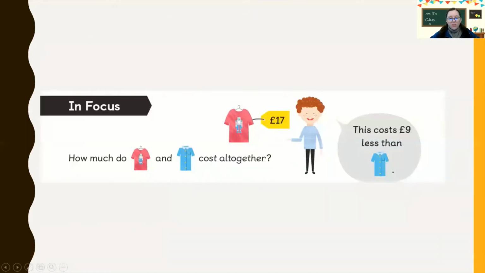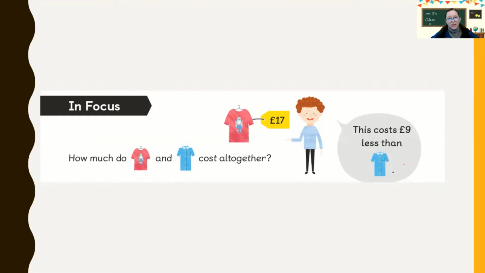Okay, so our in focus task today is all about lovely Elliot. He wants to buy these two fantastic shirts, and he needs to know how much do the red shirt and the blue shirt cost all together. We know that the red shirt costs £17. And he knows that this red shirt costs £9 less than the blue shirt, but he doesn't know how much the blue shirt costs.